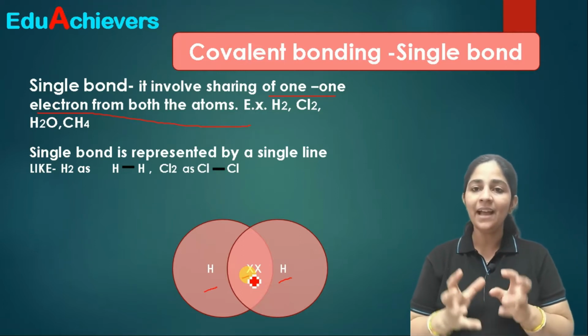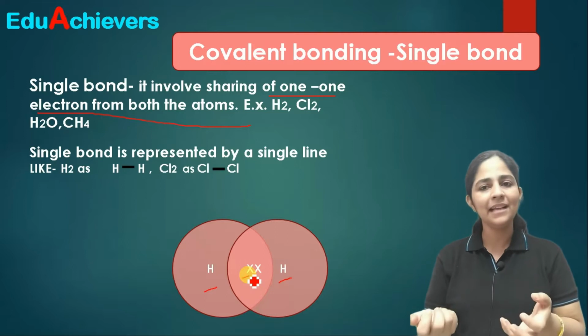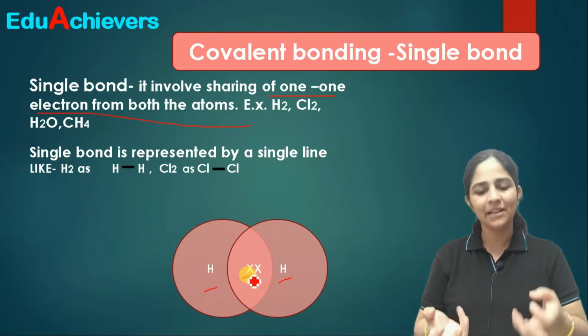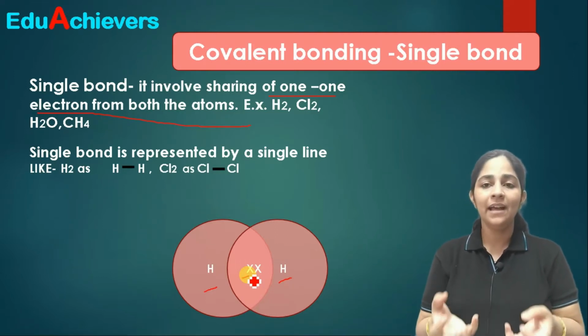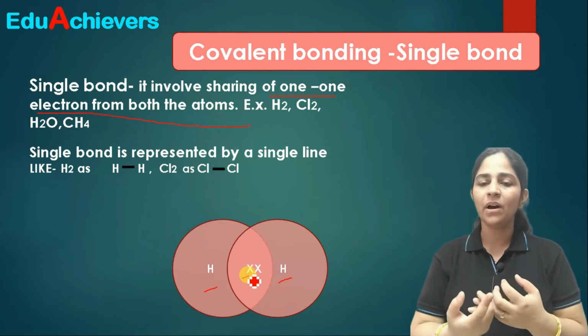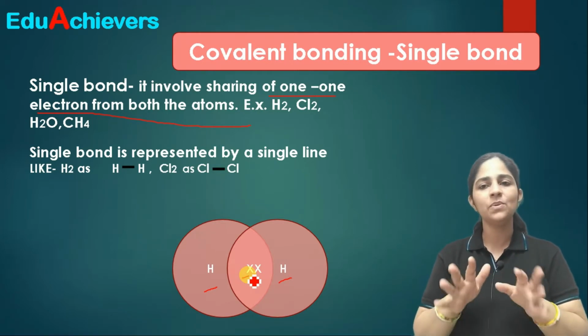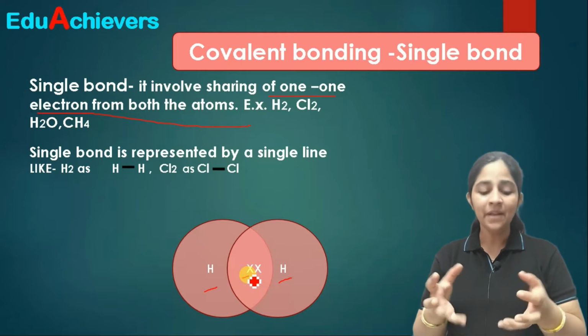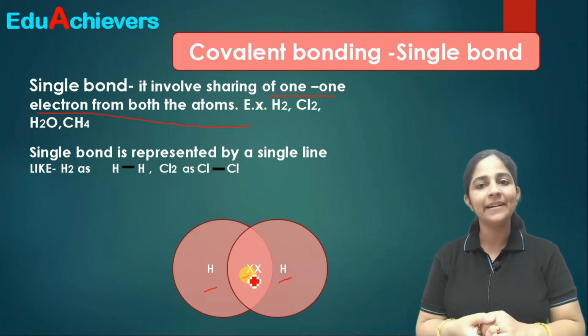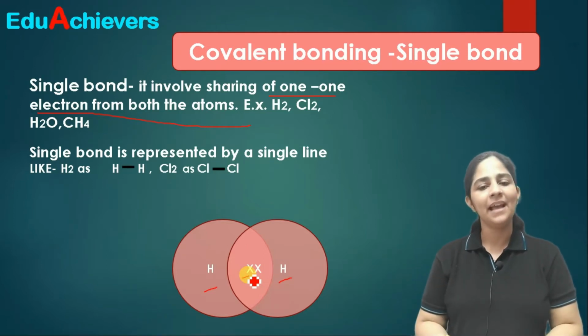Now what happens is, one hydrogen atom has one electron, and the other also has one electron. Now what do they have to do? Because you know that having 2 electrons in the first orbit gives stability. So they share electrons with each other and attain stability, and that's how hydrogen gas forms.